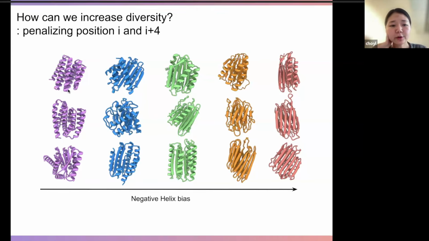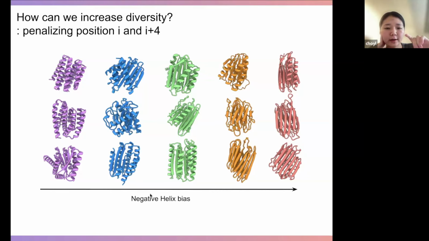After you do that, as I increase the negative helical bias constant more and more, I could sample more beta sheet structure, by adding the bias to the Pairformer pair features instead of steering the diffusion model. We could achieve more diverse structures given the same all X sequence.